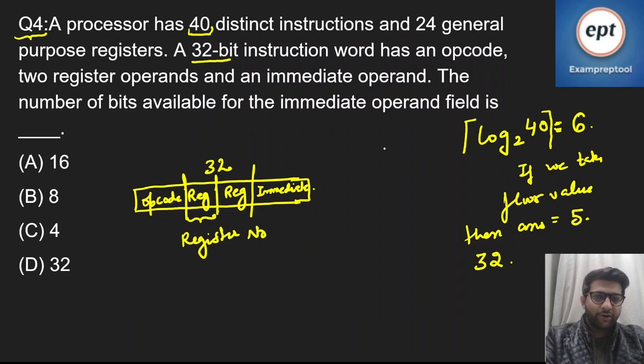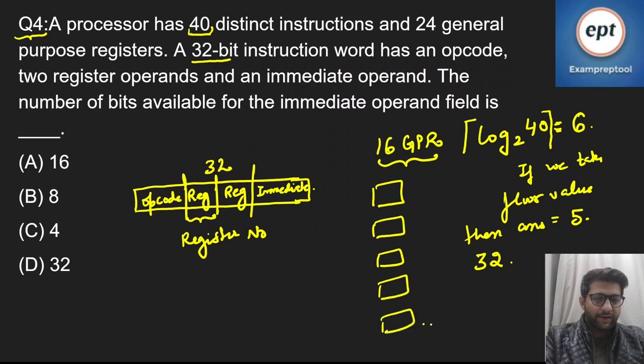So let's say this particular computer has 16 general purpose registers, right? These registers can store different values. Now every register will be given some number. So this register will be 0000, then this will be 0001, then this will be 0010, and so on, right?